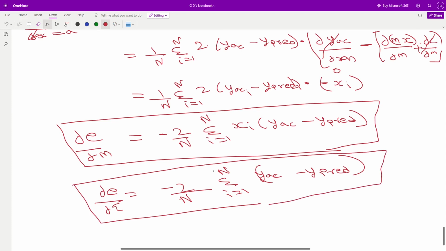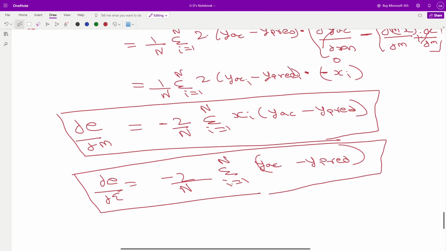So these are the final equations which should be substituted back in this particular equation. That is, new m value is equal to old m value minus learning rate into dE by dm.